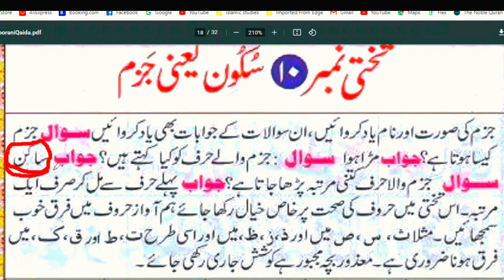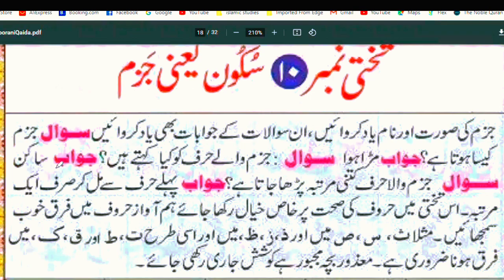So these are two questions and two answers. The first question, what does a jazam look like? The answer is, it is a kind of tiny dal. It is always over the letter which is empty, has no zabar, no zair, no pesh. There jazam can be given.